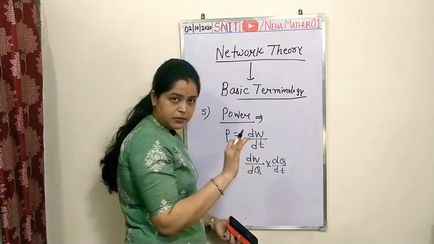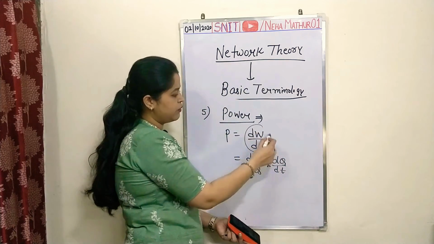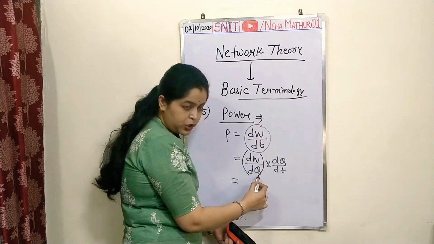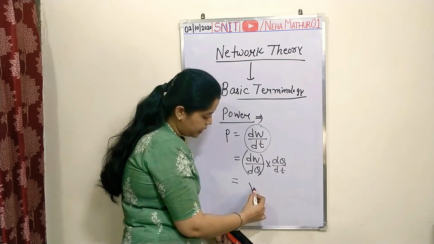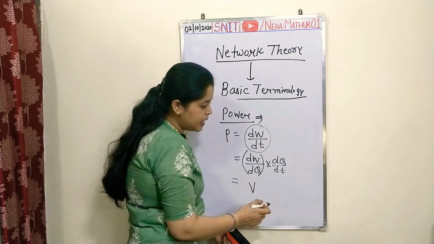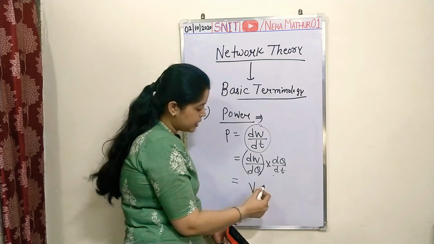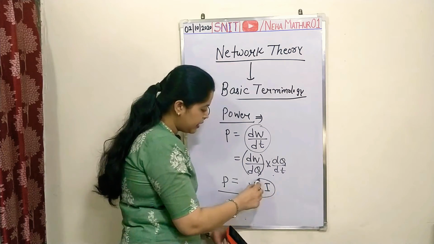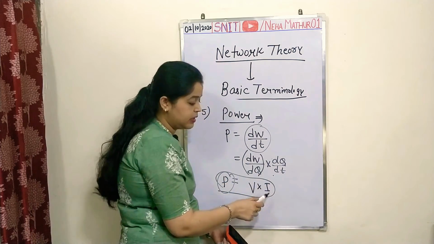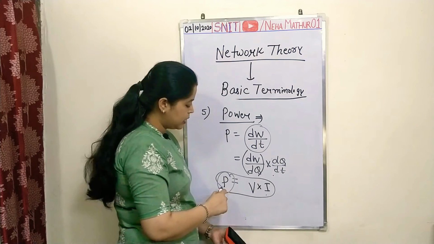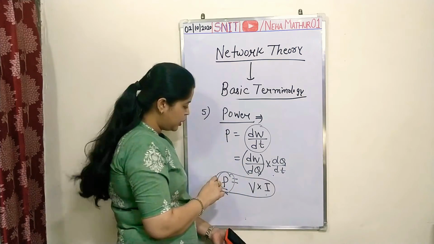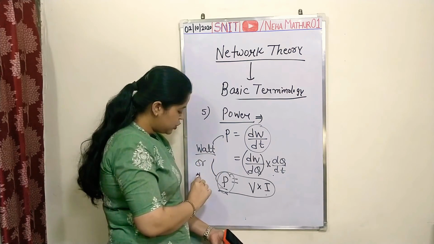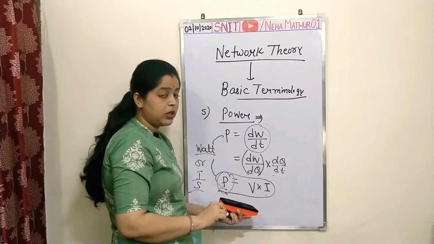I am just multiplying and dividing by dQ. Now see, dW by dQ is nothing but the formula of voltage or electric potential. Similarly, dQ by dt is the representation of the current. So I can say that power is the product of voltage and current. This is the alternative formula for the calculation of power, having the same unit watt, or joule per second. This is about the power.